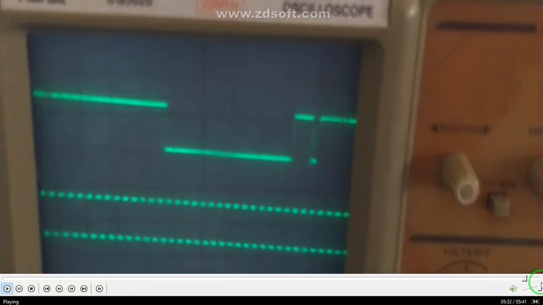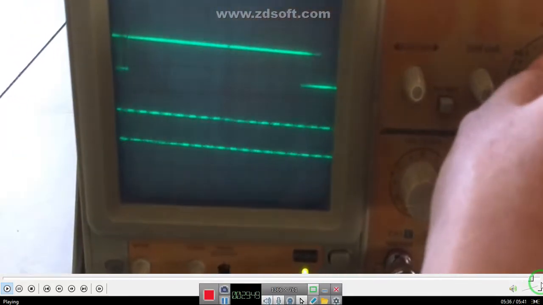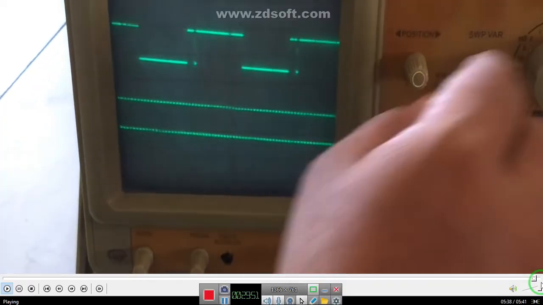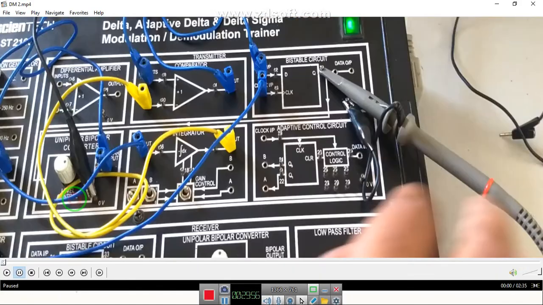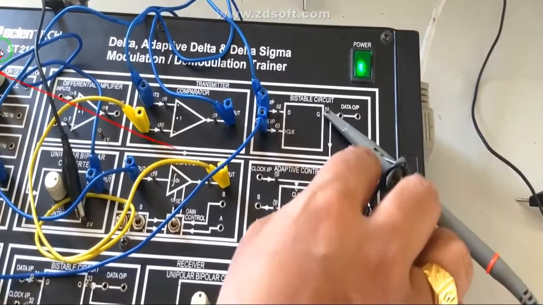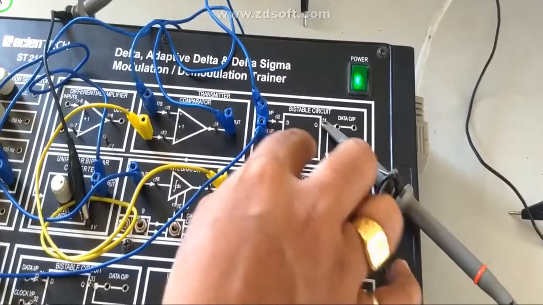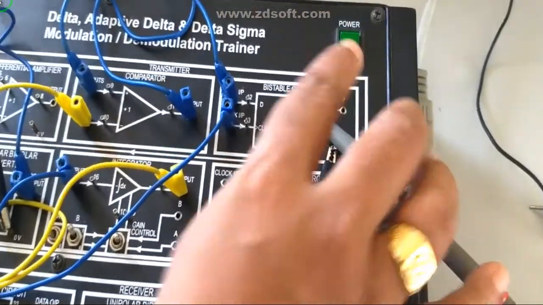So above one, it is your data output, and this is your clock input. You can observe it over here, that is 32 kilohertz. You can observe again the output of this bistable circuit, which is going to give you the data output, the output of the delta modulator.